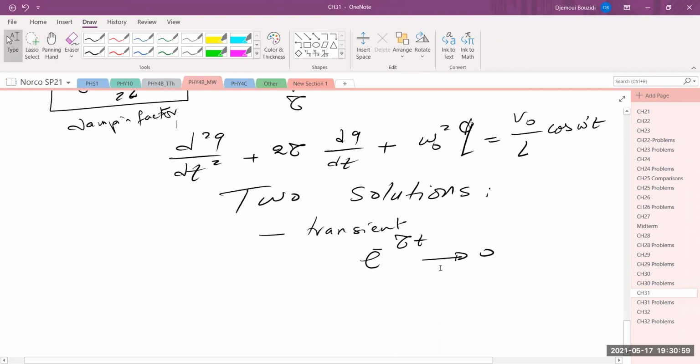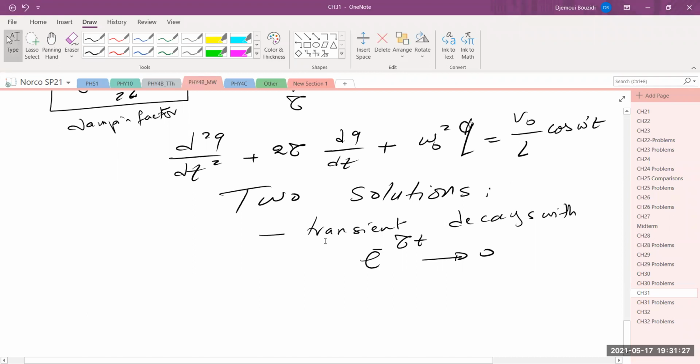Whether it's heavily damped, critically damped, or even an oscillation with damping, in all scenarios this will decay to zero. That's why it's called the transient. It decays with time, so if you wait long enough, it's going to decay. And tau is the one that tells you how long it's going to take.